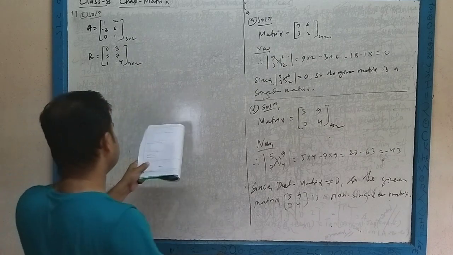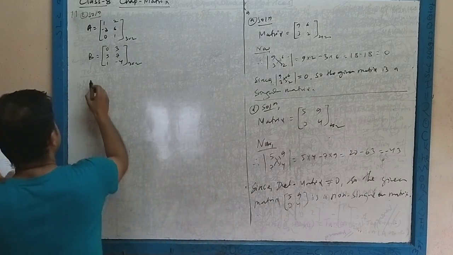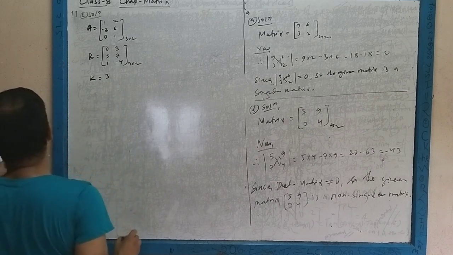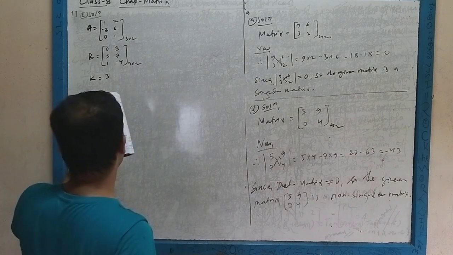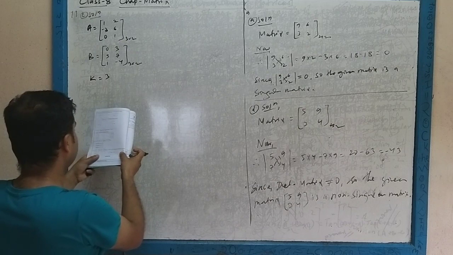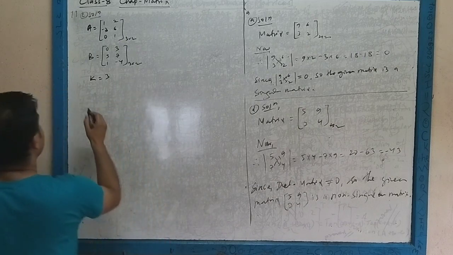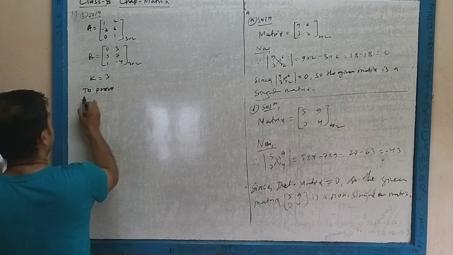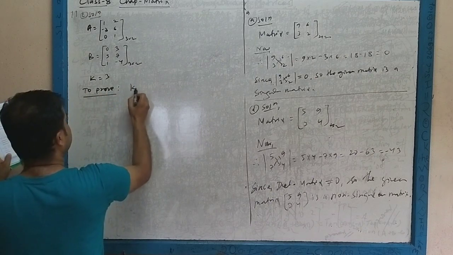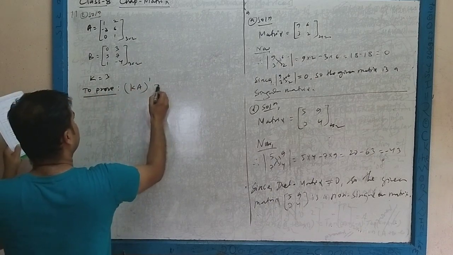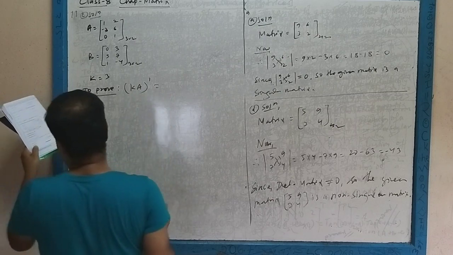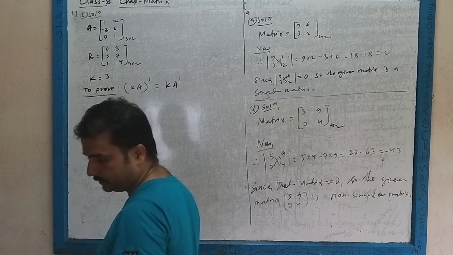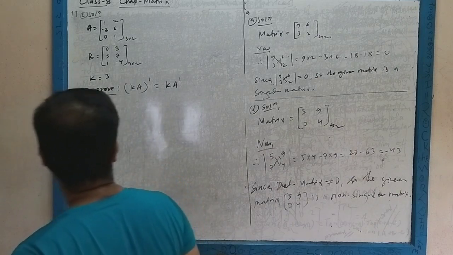I have written this, it is not given in the book. Next, the scalar value is 3. Find matrices A and B, proving the following relations. What is asked of us is to prove that (kA) transpose equals k times A transpose. This is our requirement.